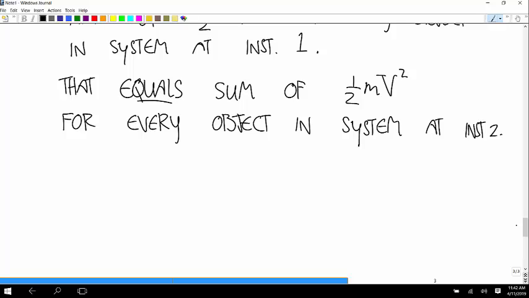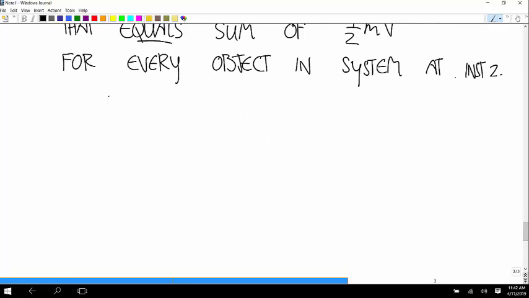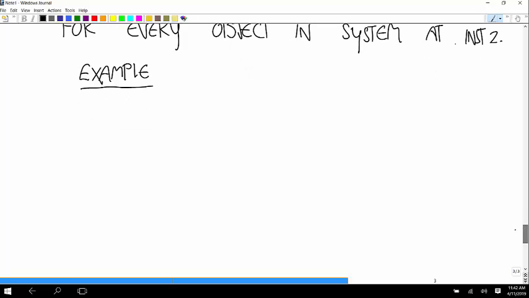Any questions about the idea of elastic? I'm going to do one quick example of elastic. So let's say that you have two balls hanging from strings. And they both have a mass m.